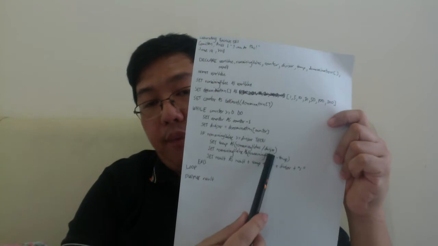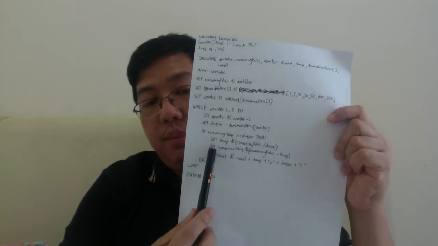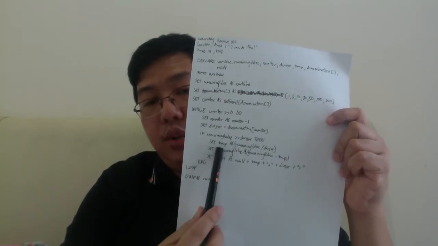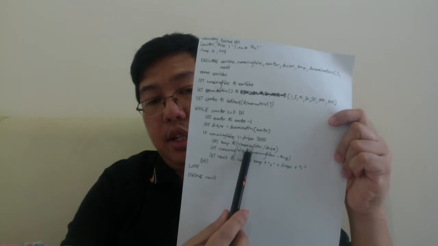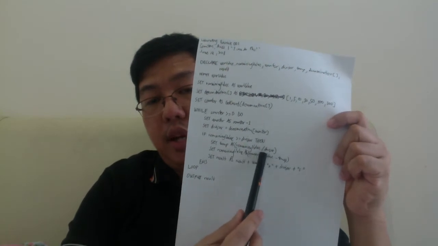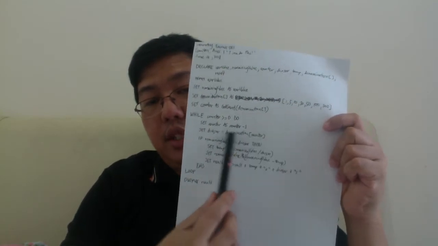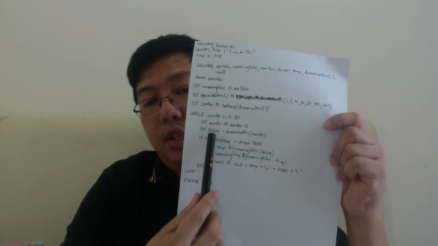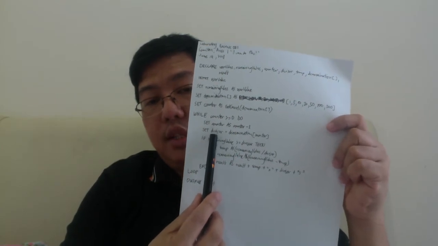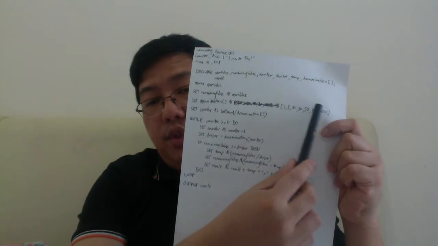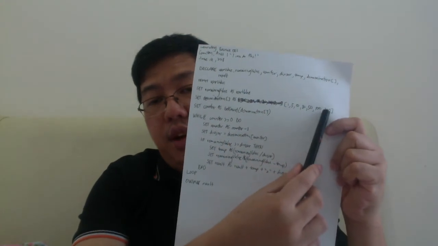Okay. Then I set the temporary value as remaining value divided by the divisor, the one I assigned here. For example, if it's starting from 6, I mean 5, then it will start from the index of 5.